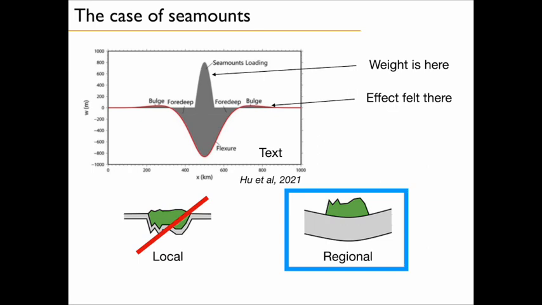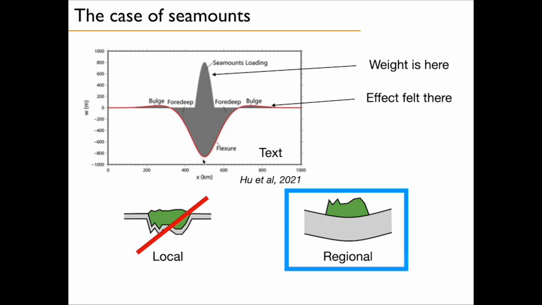This is well described in the case of seamounts, as I have shown you in the previous slide. Typically, we can describe the seamount as a load. There is a downward dip, so you see that basically the moho, for example, will be deflected here.